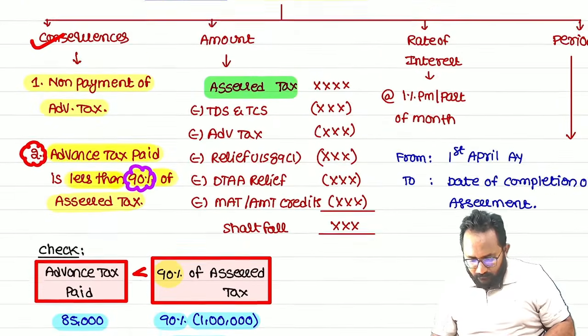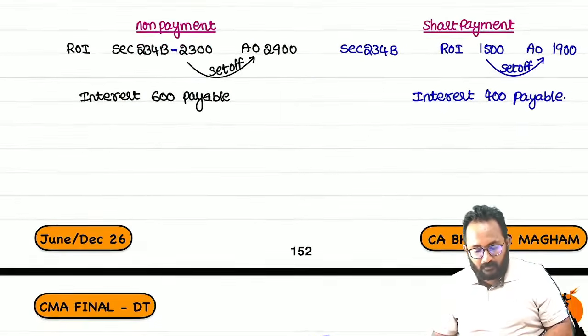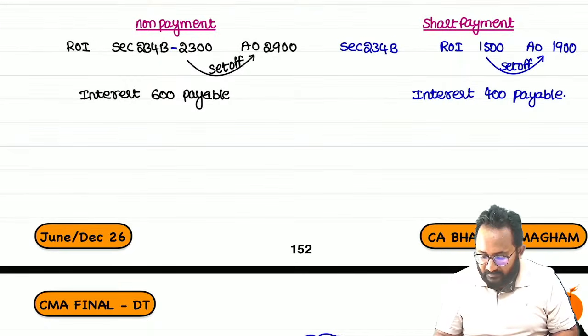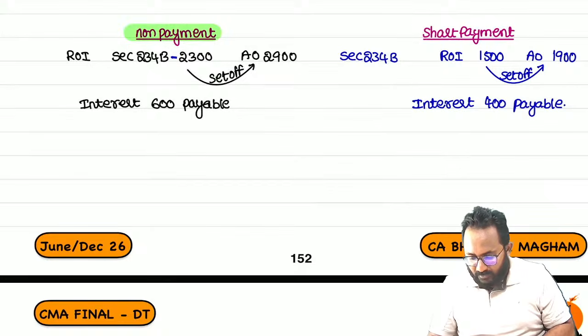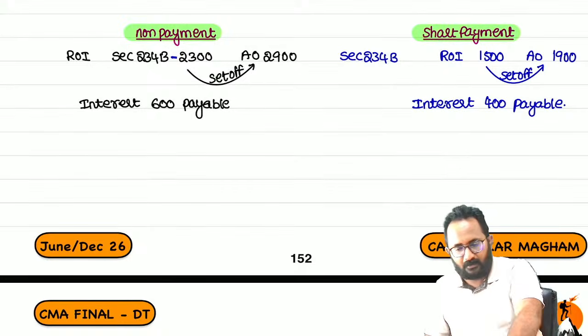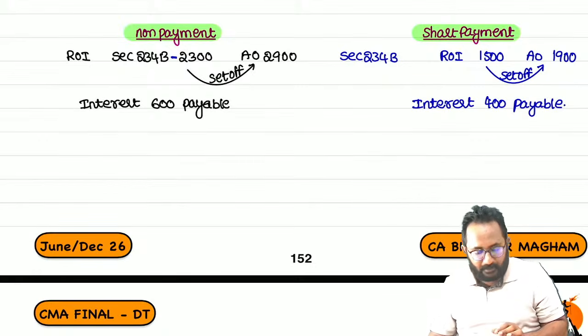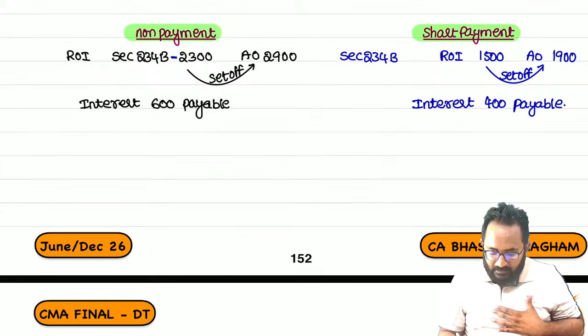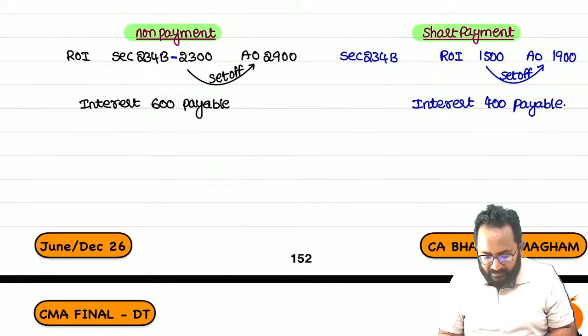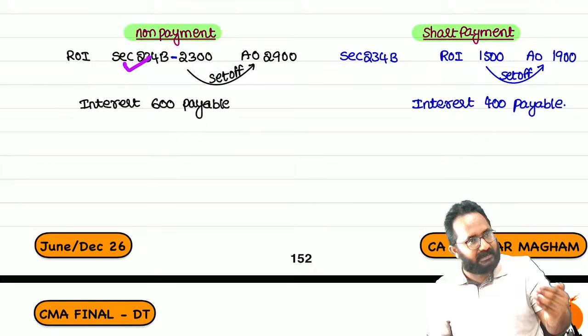Now here, listen carefully, this point is very important. Whether it is non-payment or short payment, who is required to calculate? First, the assessee is required to compute the interest at the time of filing the return of income.